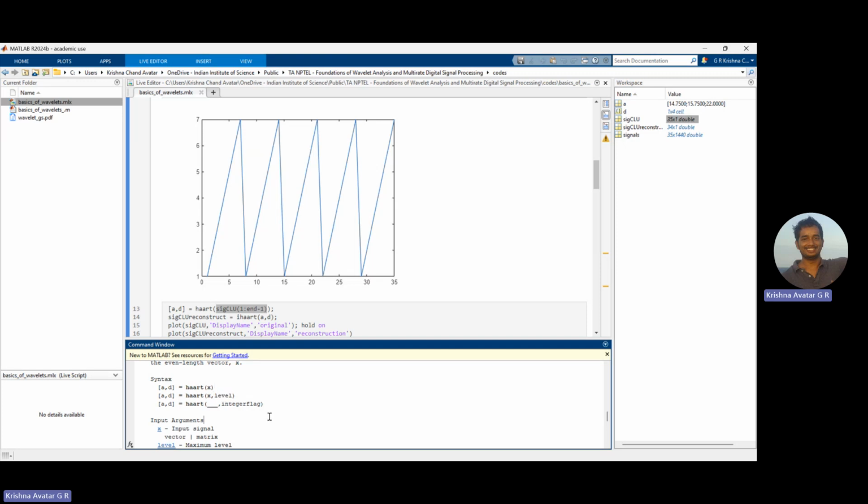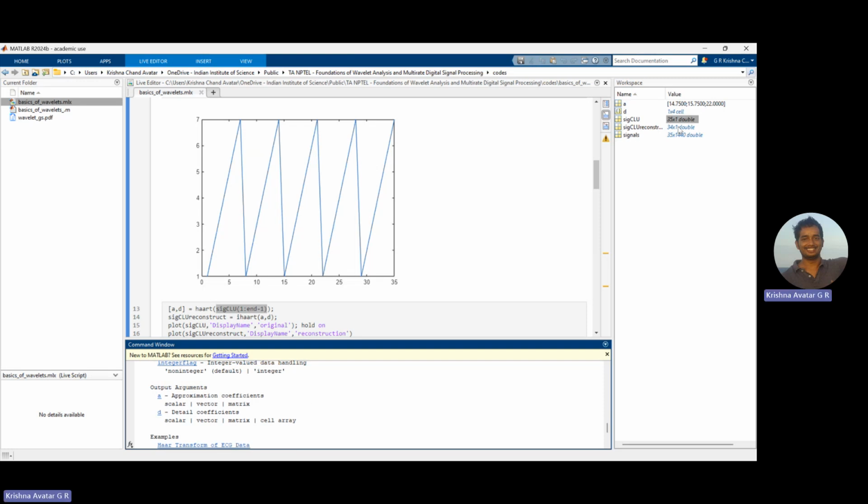Level means to what level of approximation or resolution you would want. And is the data integer in form? If it's integer, then it will treat it slightly differently, right? As output, it gives us the approximation coefficients, which are scalar, vector, or matrix, and D is the detail coefficients. So it will give us more information about how it approximated.